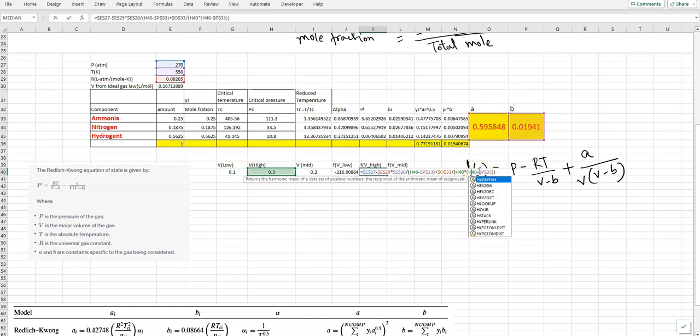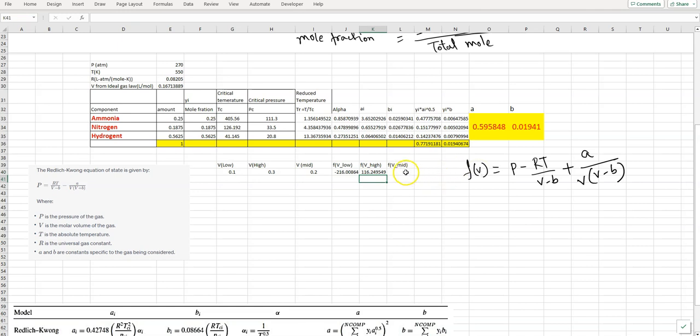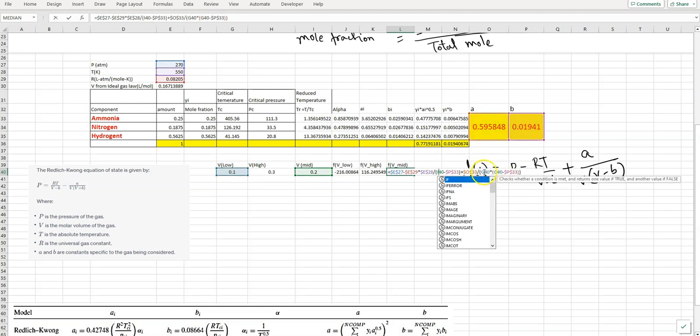Then our formula is okay. Then we can also calculate f of v mid, so just change the formula and use this v mid. So here g will change to h and I, and the rest of the things will be the same.